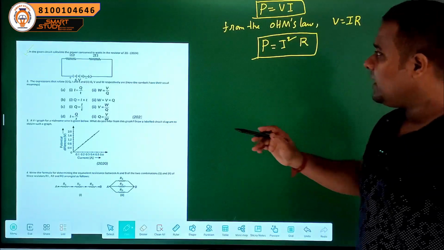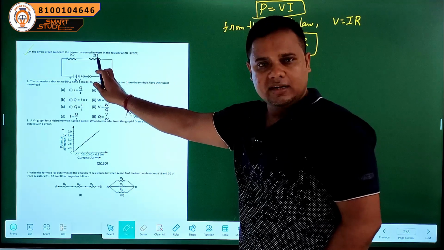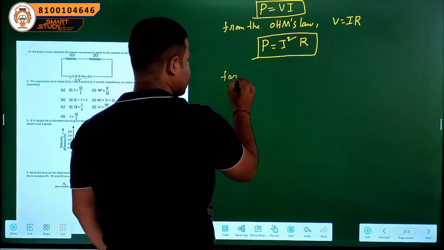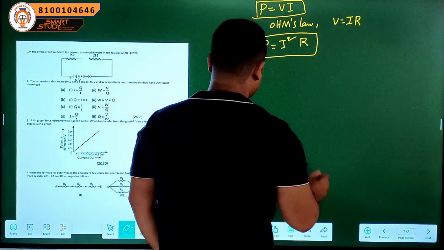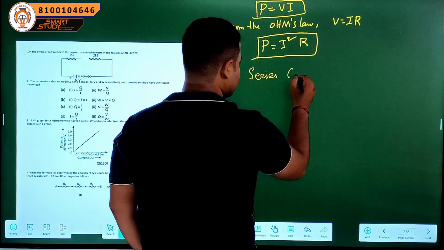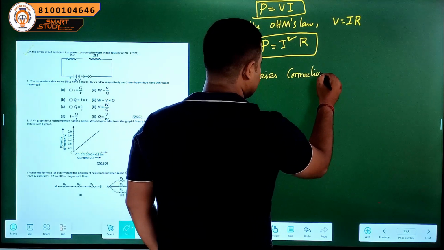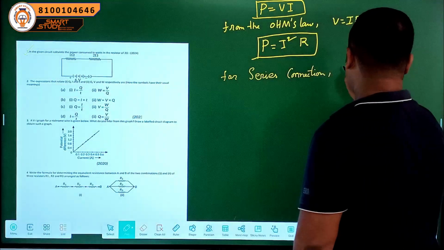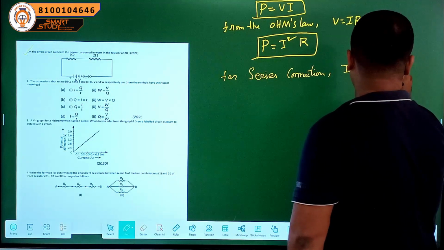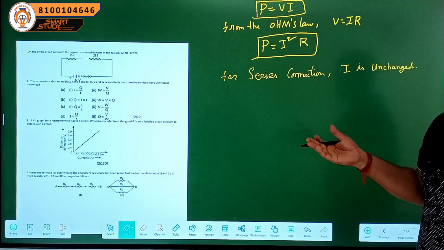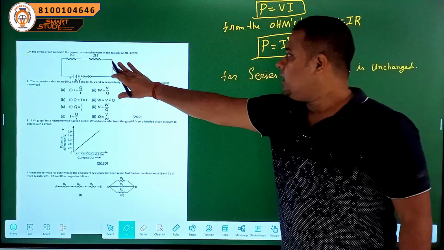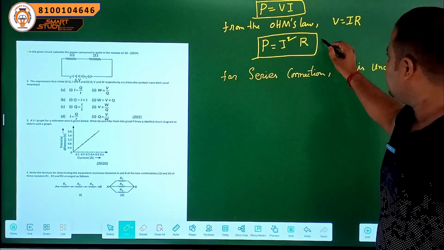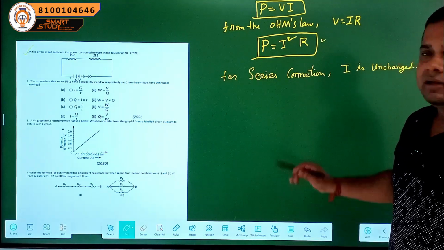As these two resistors are in series connection, for series connection the current is unchanged. We use the formula with the unchanged parameter, so obviously we will use P equal to I square R.